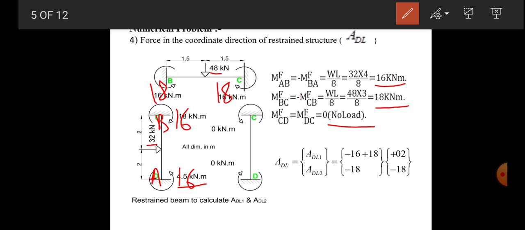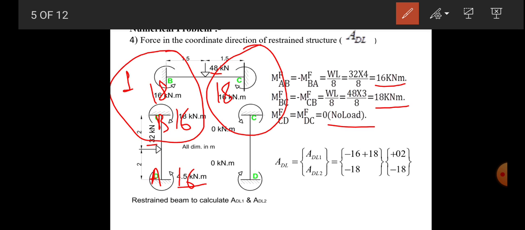Now ADL1 means the forces in the coordinate direction 1. So this is our location of coordinate 1 and here is our location of coordinate 2. At coordinate 1 there are two moments, one is 16 kilonewton meter for BA and one is 18 kilonewton meter for BC. So it becomes minus 16 plus 18, which is 2 kilonewton meter, net moment becomes 2.